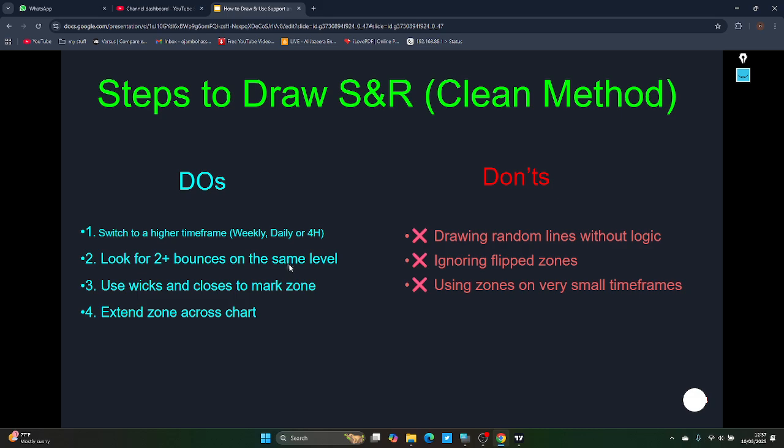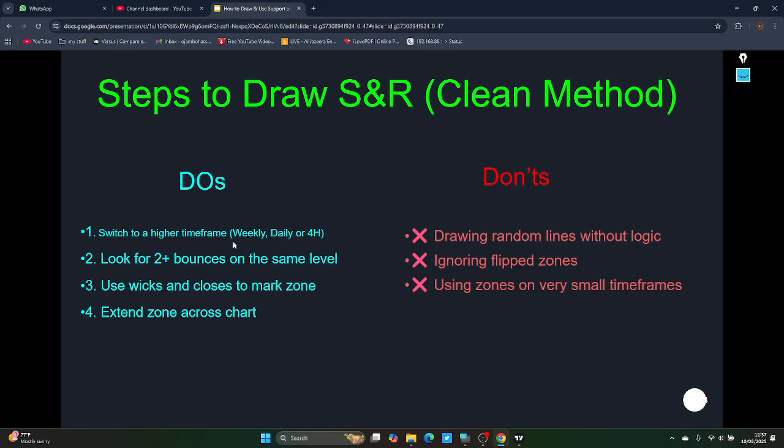When we proceed here, I show you the steps on how to draw your support and resistance the cleanest way. First, on the left hand side we have the do's and on the right hand side the don'ts. What do we have to keep in mind as we are drawing our support and resistance? We have to switch to a higher time frame, that is weekly, daily, or 4 hour.